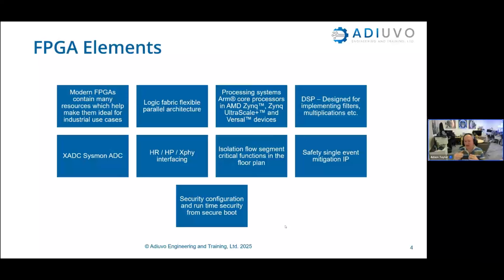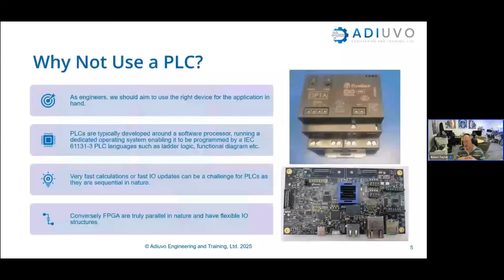And the single event mitigation IP, in collaboration with the isolation flow, really gives us a nice, safe, and secure implementation of our design. To give us a secure configuration as well, we can use the security configuration and the runtime security and secure boot features of the FPGA to make sure that when our device is deployed at the edge, it is as safe and secure as it can possibly be, not just today, but also in the future.